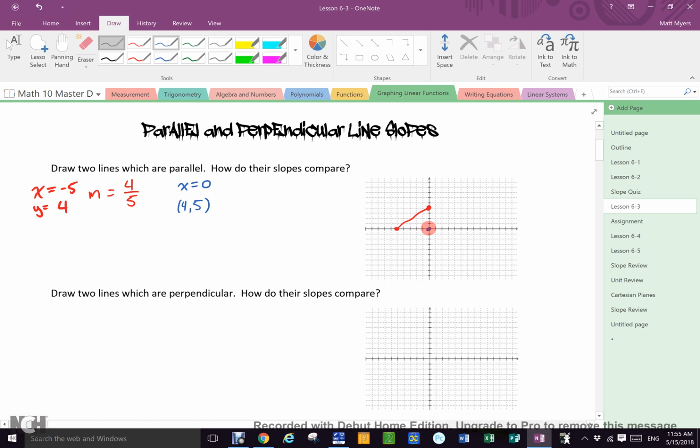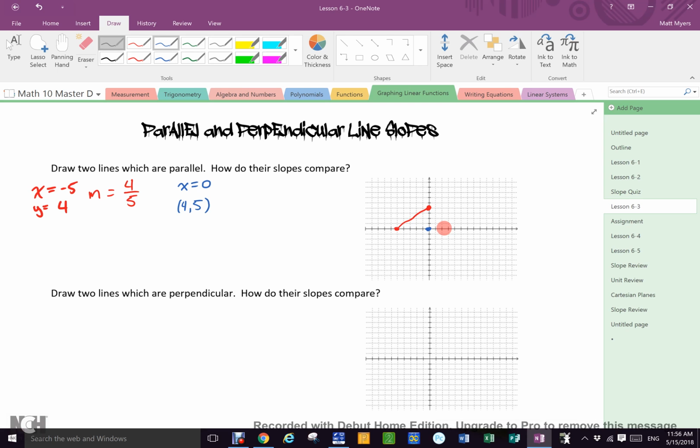There's x equals 0. And where is 4, 5? Is it 4 on the x-axis? Indeed. 1, 2, 3, 4. And then what? 5 is over here. So, where do I go from here? 1, 2, 3, 4, 5. Agreed? Yes. Oh, I went up 1 too many. 1, 2, 3, 4. 1, 2, 3, 4, 5.